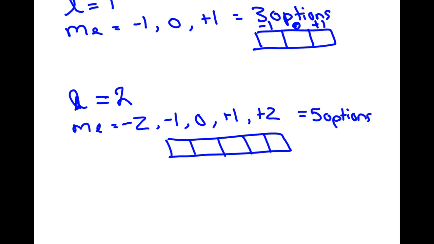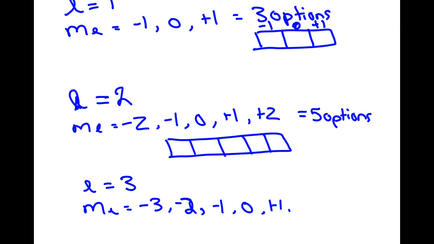So if L equals 3, then your ml can be -3, -2, -1, 0, +1, +2, and +3.